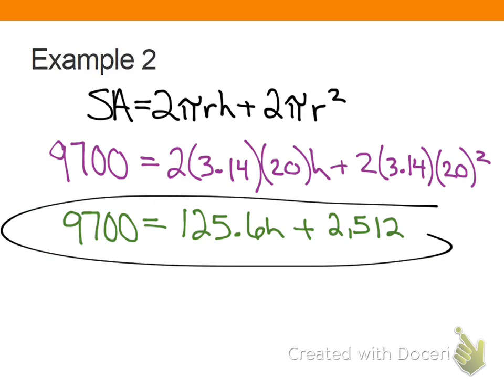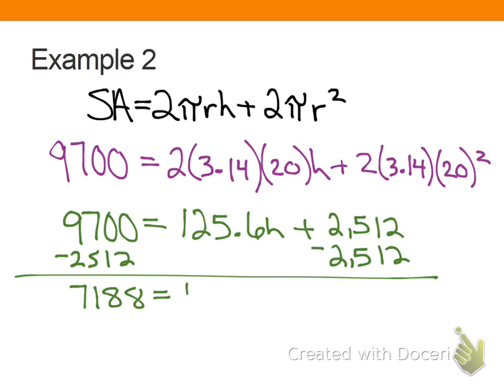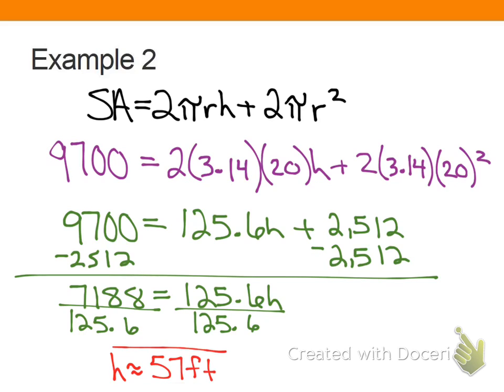So now that you have a 2-step equation, what do you do next? Subtract from both sides. 2,512. And now rewrite your equation again with your variable. So now you can clearly see that you need to divide both sides by 125.6 to get approximately 57 feet.